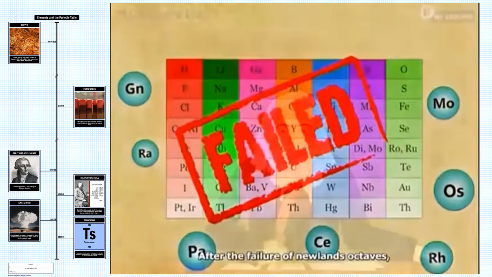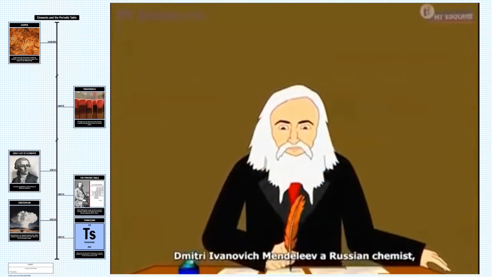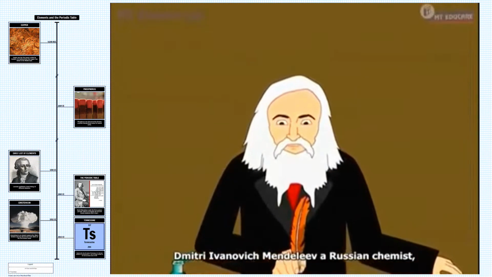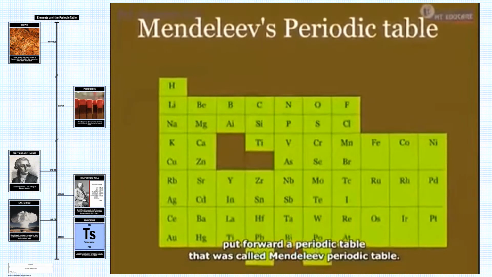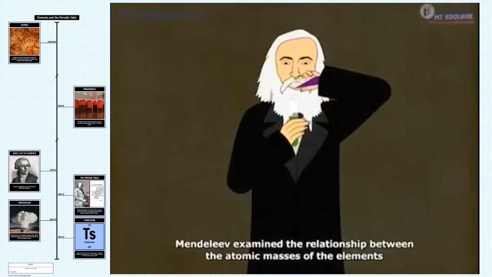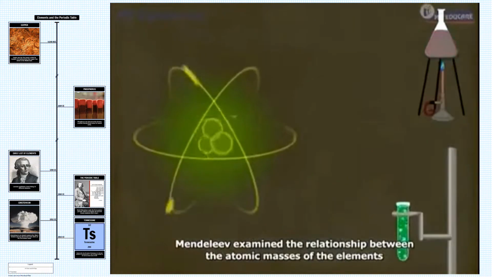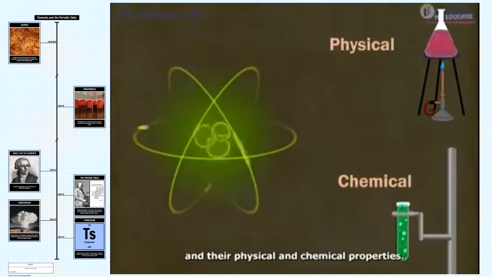After the failure of Newlands' octaves, Dmitry Ivanovich Mendeleev, a Russian chemist, put forward a periodic table that was called the Mendeleev Periodic Table. Mendeleev examined the relationship between the atomic masses of the elements and their physical and chemical properties.